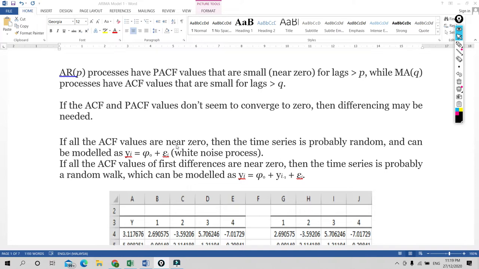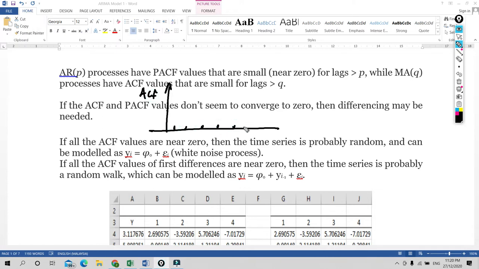Now, if all the ACF values are near 0, then the time series is probably random and can be modeled as this one. Let's say I draw the ACF here, and the ACF is like this, near to 0.